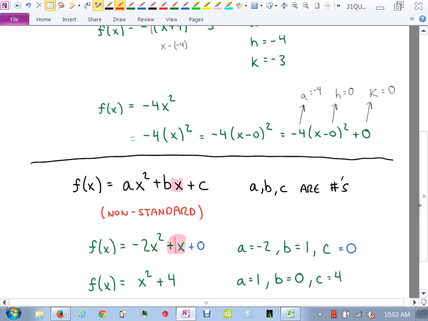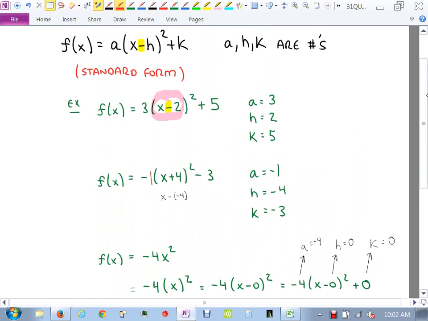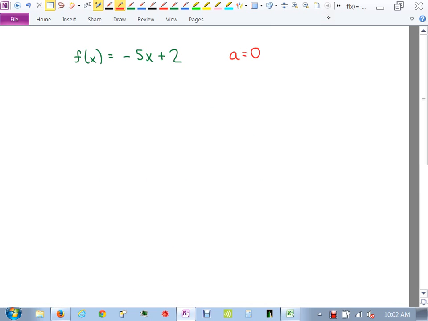If A is 0, it's not quadratic anymore. So I want you to put underneath there, A cannot be 0. And do that up here also on the standard form. A cannot be 0. If that happens, you no longer have quadratic. Got it? So if that's not a quadratic function, what type of function is this? That's a linear function. That's a line. Okay? All right, so this is a line.